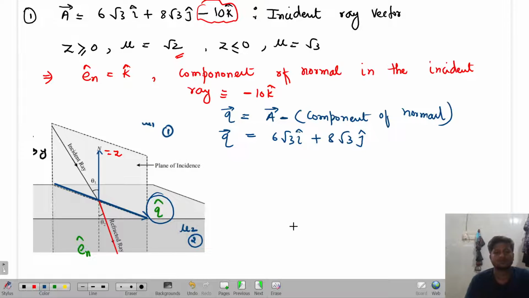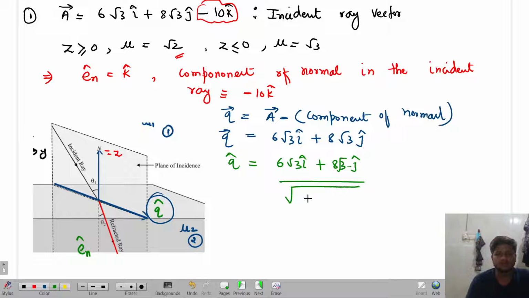Hello? Okay. So as you are aware of your interface vector, I need to know the direction of this interface, so I will have to write q cap. q cap is going to be 6 root 3 i cap plus 8 root 3 j cap divided by the square root of 6 root 3 whole square plus 8 root 3 whole square.